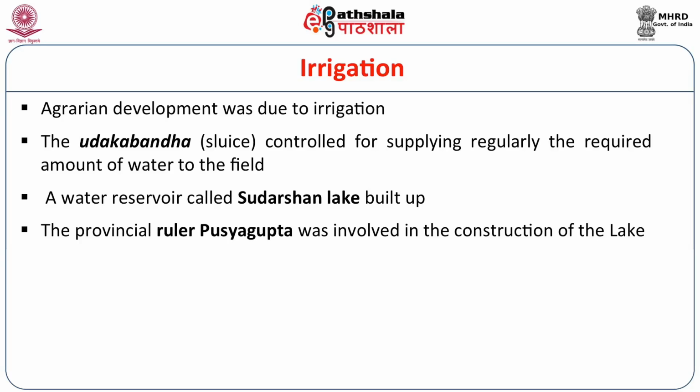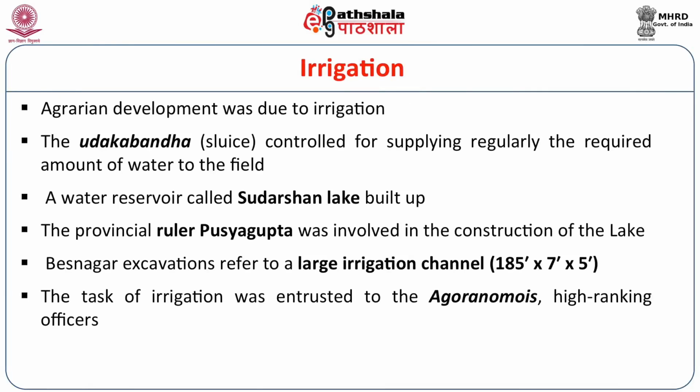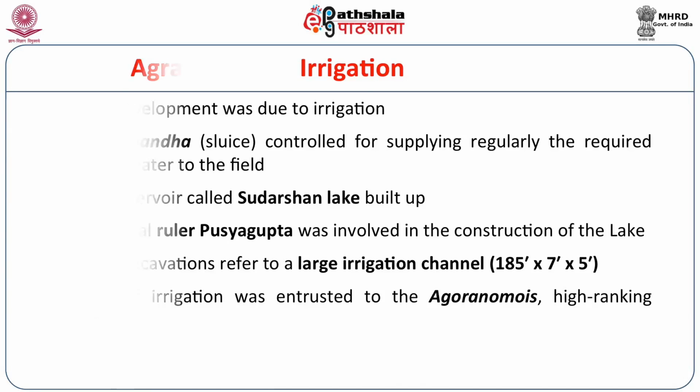Another water reservoir is situated in Besnagar, and it has come to light through archaeological excavations at that place. It is an irrigation channel, 185 feet by 7 feet by 5 feet. It is a huge irrigation channel. The task of irrigation was entrusted to high-ranking officers of agronomy.